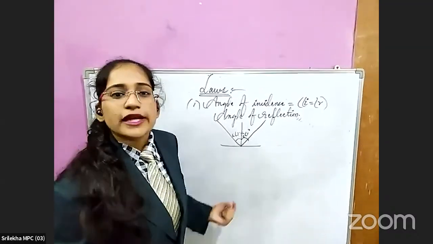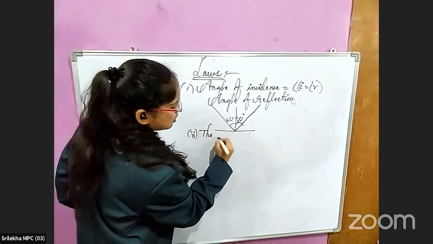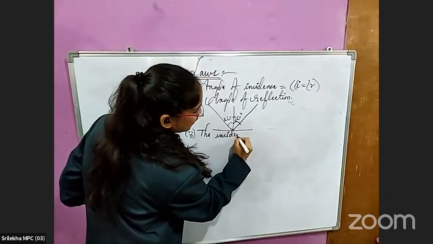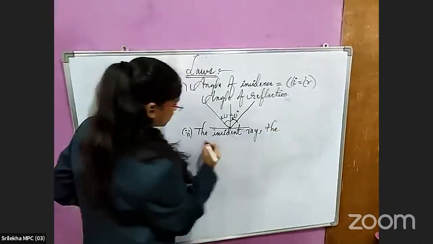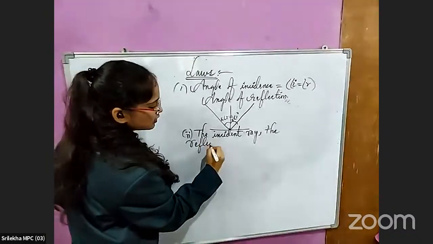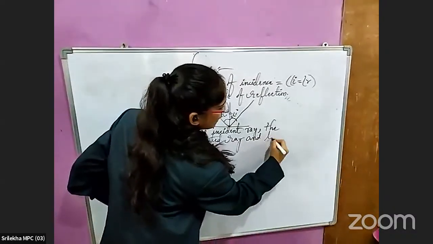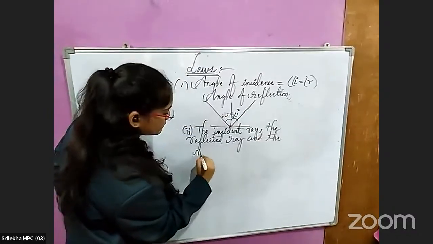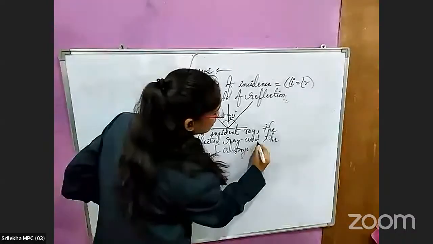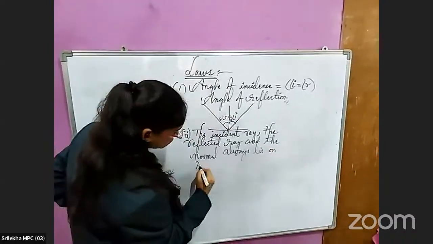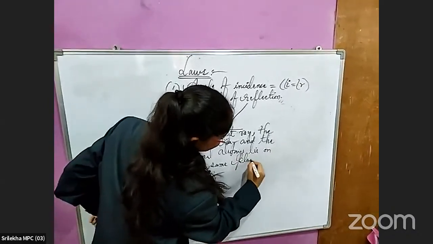Now let us enter into the second law, which is: the incident ray, the reflected ray, and the normal always lie on the same plane.